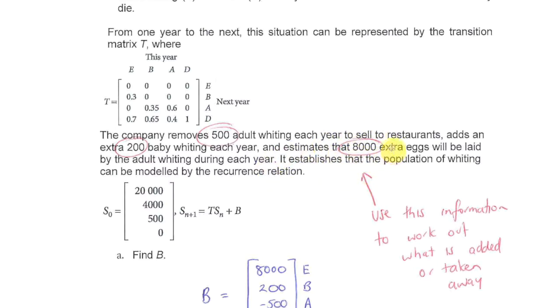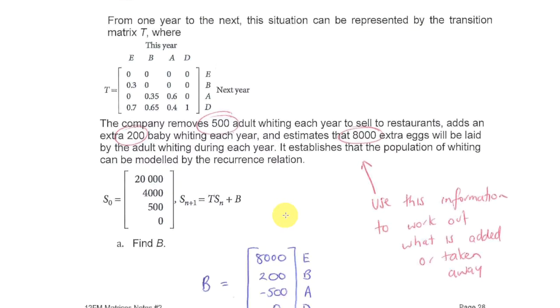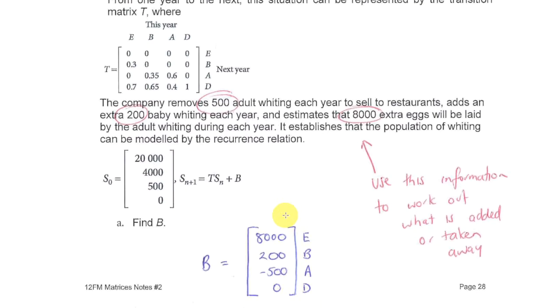So there's an extra 8,000 eggs that go into the pondage. There's 200 babies which are added into the pondage, and 500 go out. Initially when we begin this, we know that there are 20,000 eggs, 4,000 babies, 500 adults, and there are no dead fish.